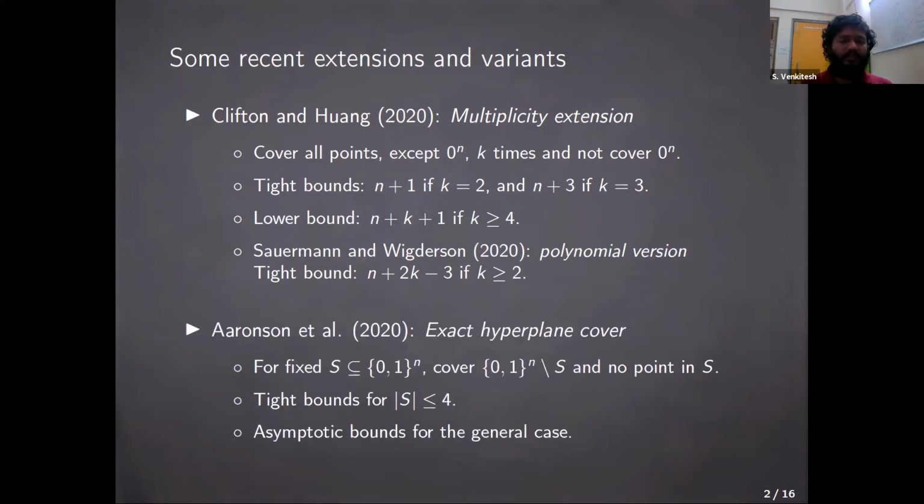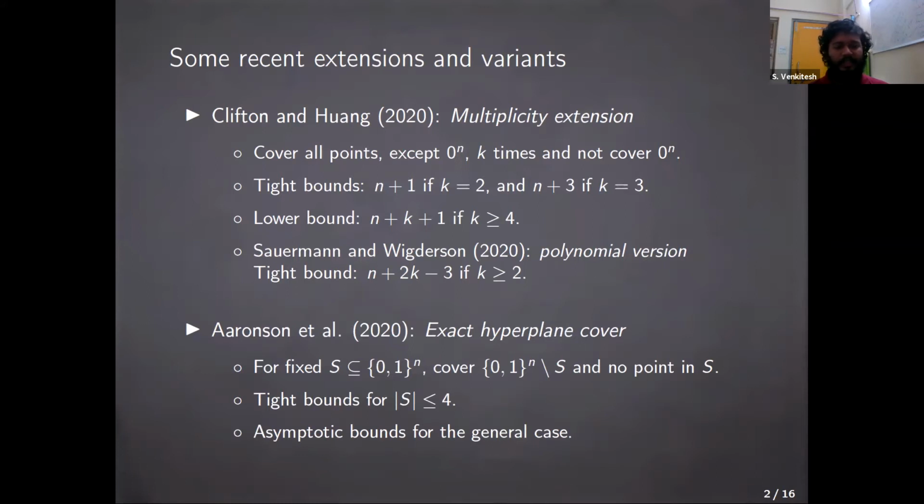Another variant of this question was considered by Aaronson and a few others, and they call it the exact hyperplane covering problem, which goes as follows. Take a small subset of the hypercube, and you need to cover the complement of this small subset using hyperplanes and not cover any point in this chosen subset.